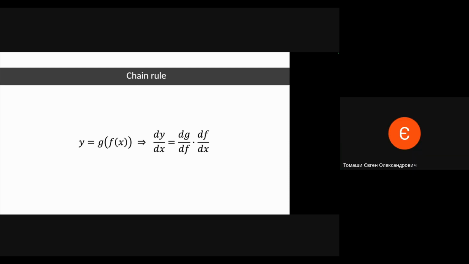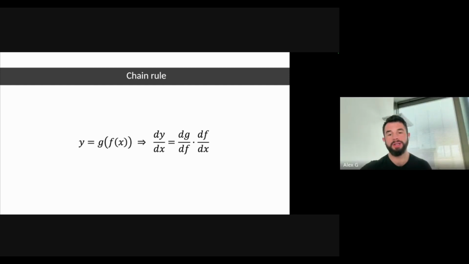It is the rule to take the derivative of a function that takes another function as an input. That's a rule for how you differentiate a function of another function. You decompose them into two independent functions, and then you differentiate.